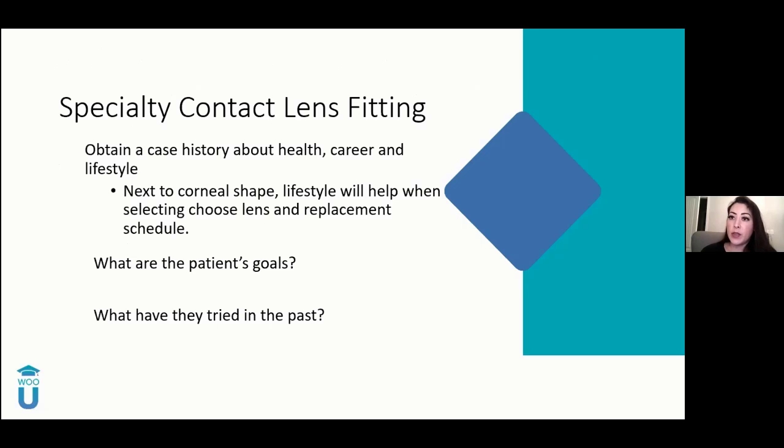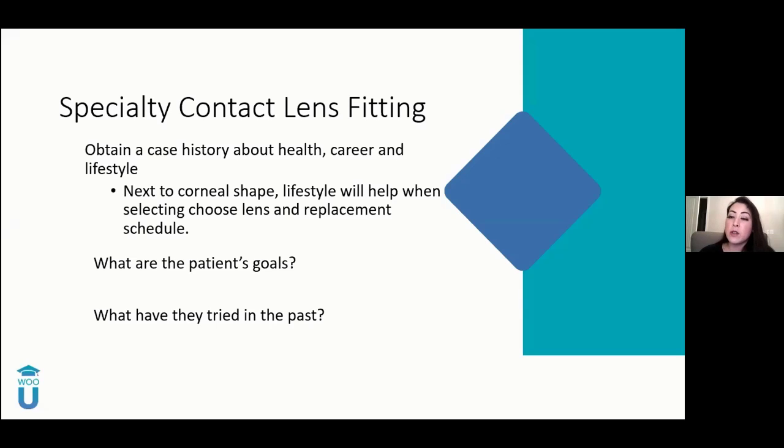This is something that I think is really critical to ask, because if somebody has already tried corneal GP lenses in the past and they absolutely hate them, they couldn't get used to them, they were super uncomfortable, I'm not going to reach for that lens again. That's just going down a path that is going to be wasting time for you as a practitioner and the patient. So we'll try different modalities.